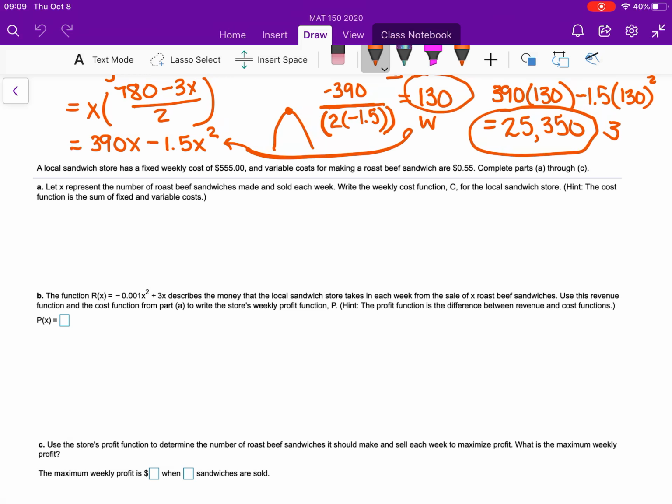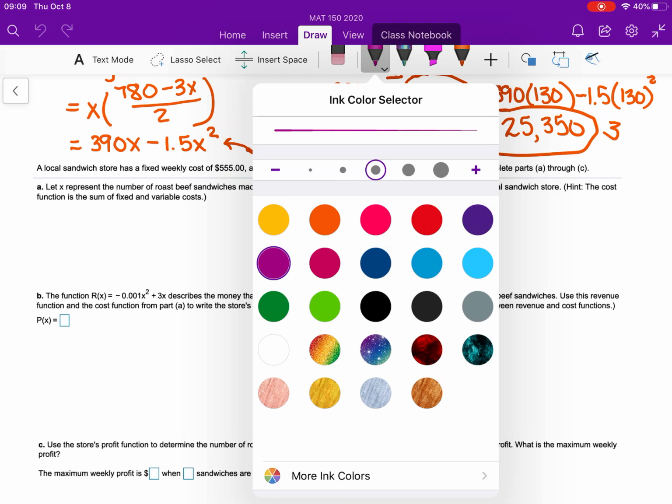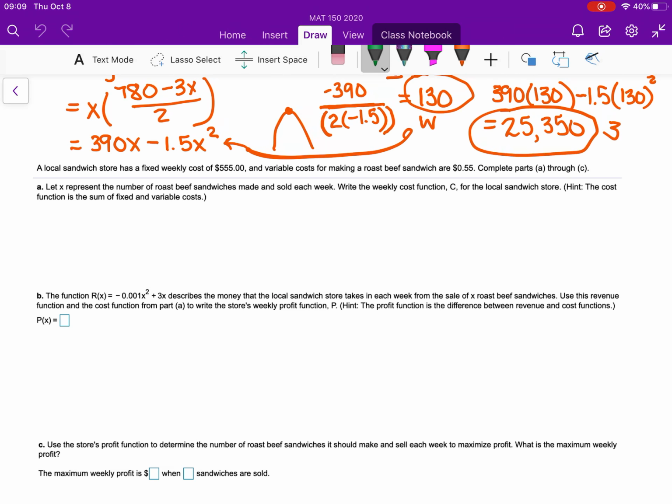So we have a local sandwich store. This is number 19, by the way, of your 3.1 homework. Let's go up a little bit. A local sandwich store has a fixed cost of $555, and a variable cost for making a roast beef sandwich is 55 cents for every roast beef sandwich.